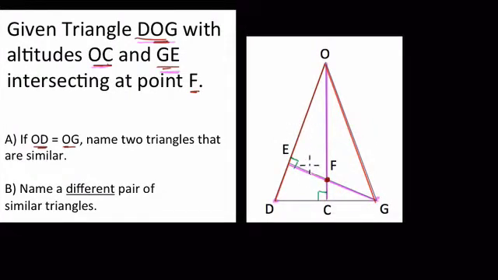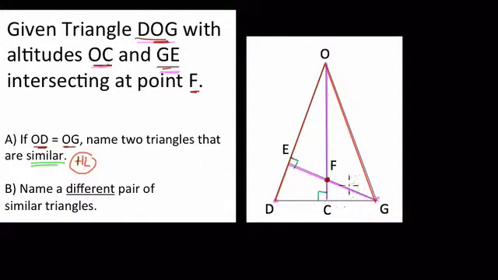I want to go more for the fact that we have these right angles. So for similarity with right triangles, all we need is a hypotenuse and a leg, right? If we have two right triangles and the hypotenuses are equal, and we find one pair of legs that are equal, then we know those two triangles are similar.